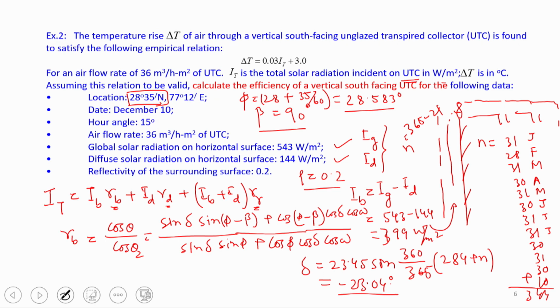So latitude is known, then tilt angle is known, then delta is known, beta is known. We can find out what is RB.